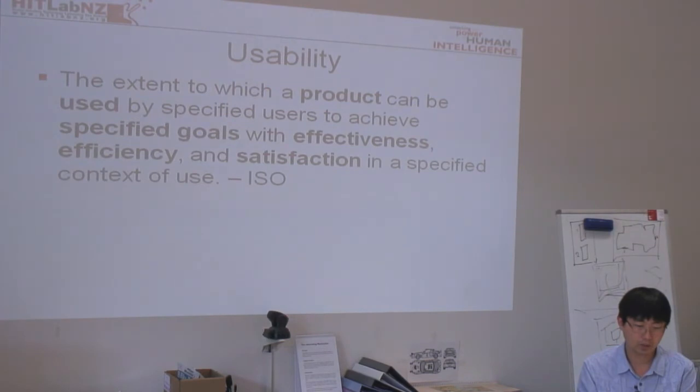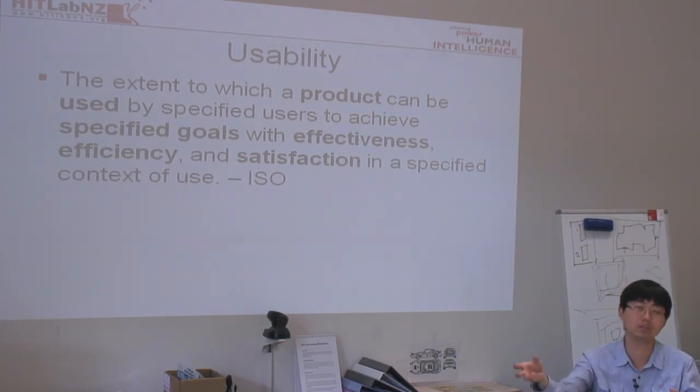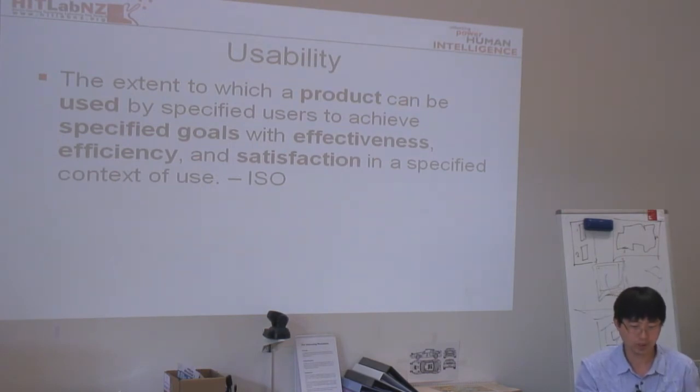So usability, as the word implies, is about how usable it is and how well the end user can use this product or user interface. And by using, you mean achieving certain goals. By using your tool, they want to have certain tasks done, so they use your user interface to do those. And there are three aspects of usability.